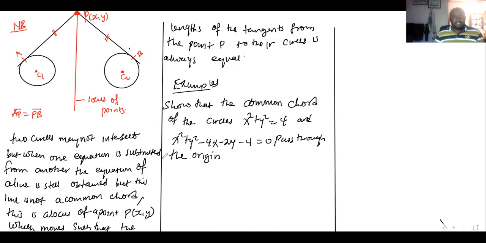Now, they're asking you to show the equation of the common chord of the two circles. So when they say that, just know that those circles are intersecting. There is no way they are not intersecting, and yet they're mentioning they are intersecting. So straight away treat them as if they're already intersecting. Now they want you to confirm and find the equation of their common chord.